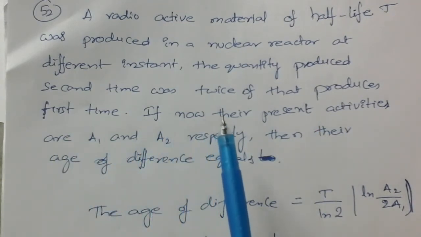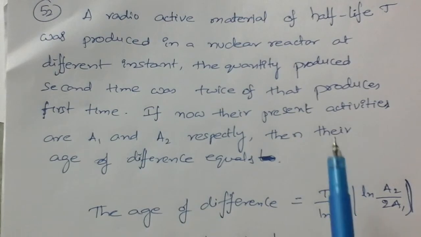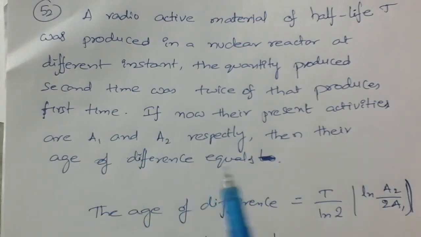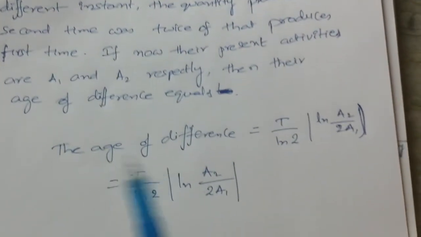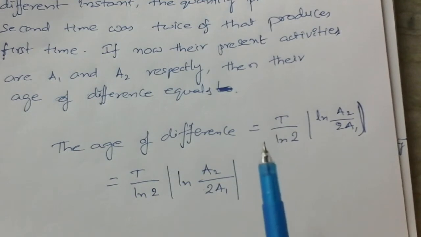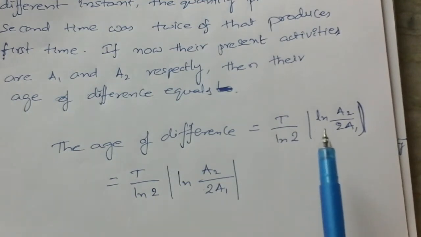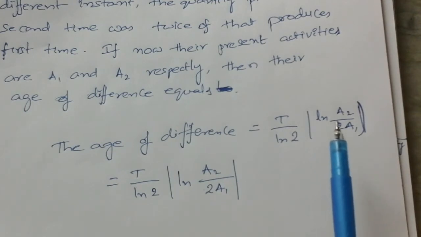If now their present activities are A1 and A2 respectively, then their age difference is equal to what? The age difference can be said as T by log 2 times mod of log (A2 by 2A1).